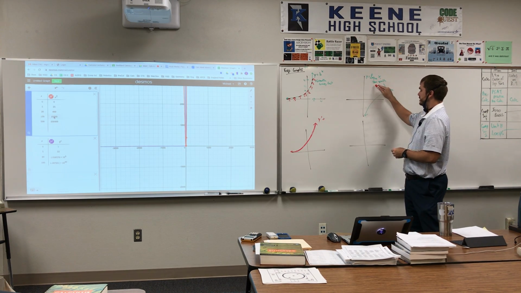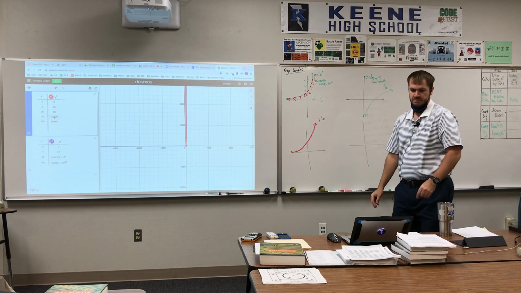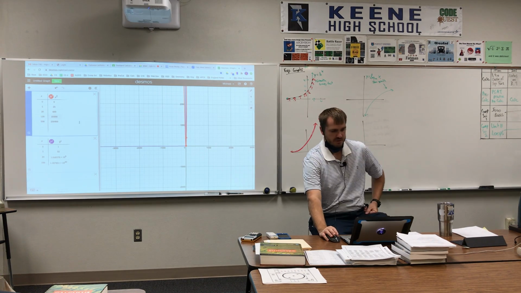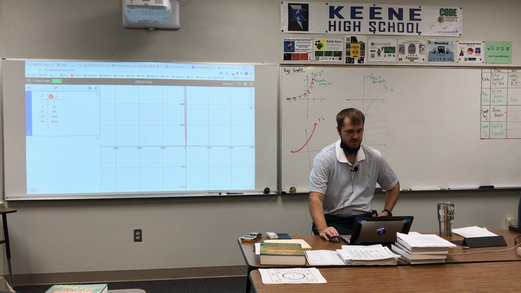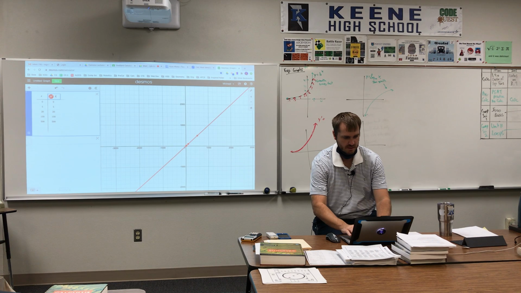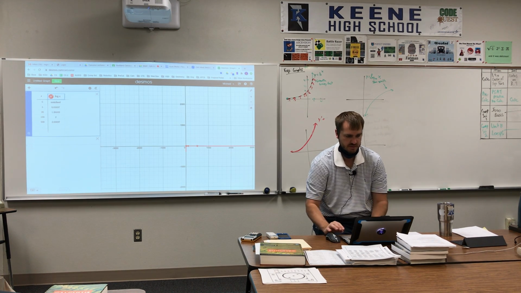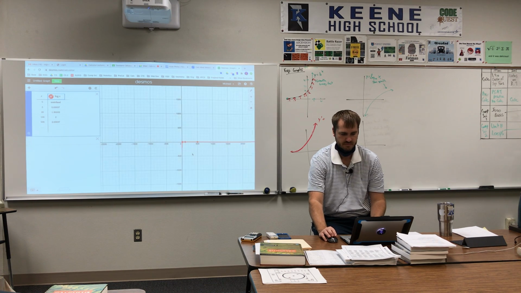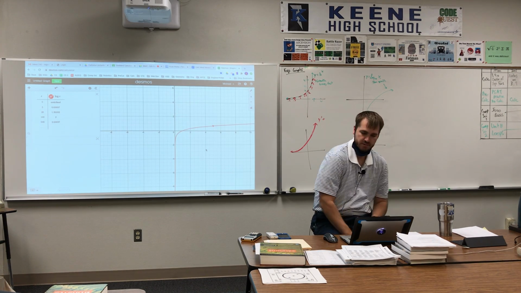Let's look at the logarithmic function. And this one grows oh so slow. We'll say log of x. Oh yeah, that's kind of what it looks like.